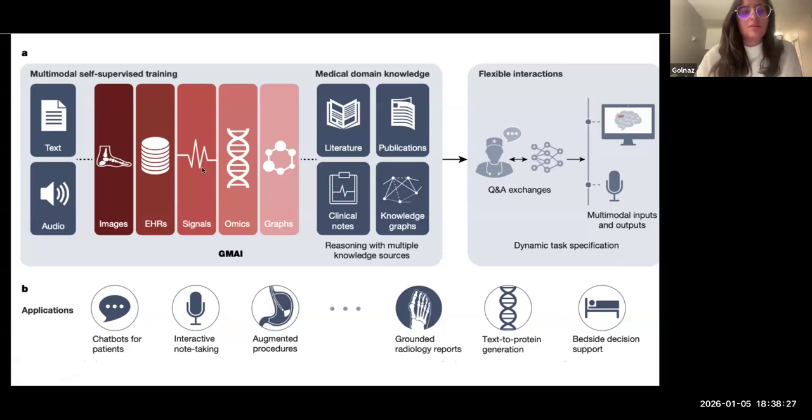Once you train your model on data like image, audio, text, there are different applications. It could be a chatbot, it could be note taking, it could be making a radiology report based on the image. And you can also think about how each of these tasks can be broken into smaller tasks.